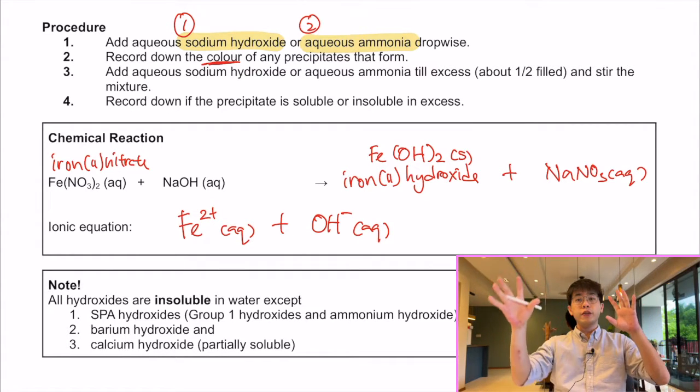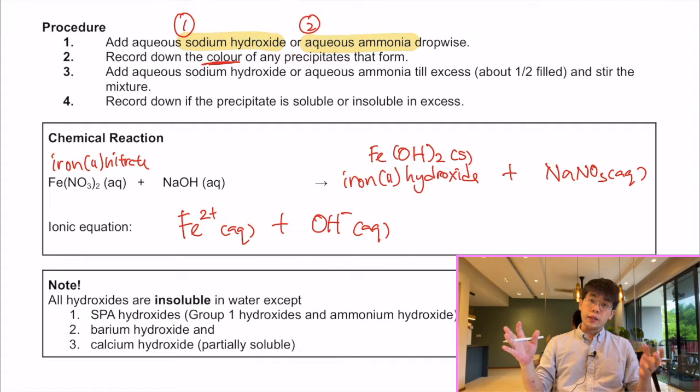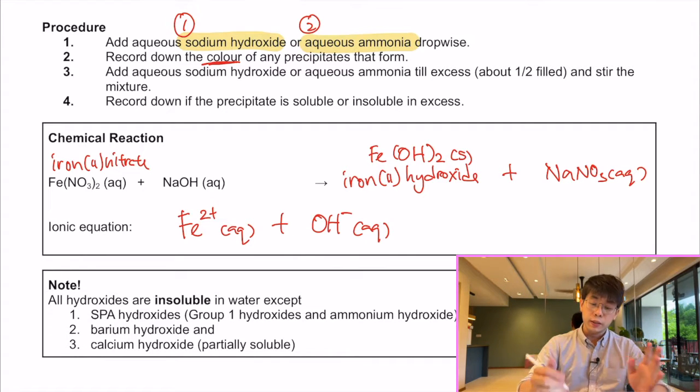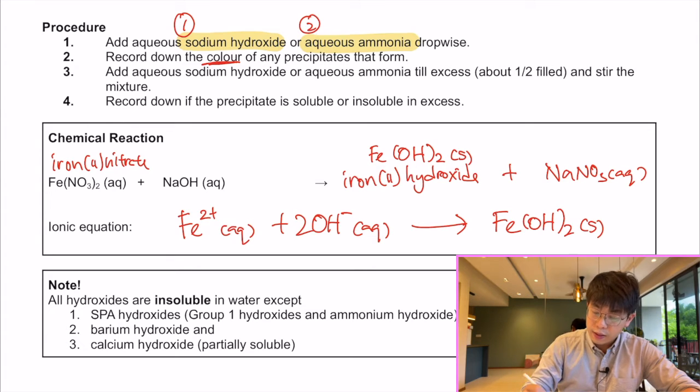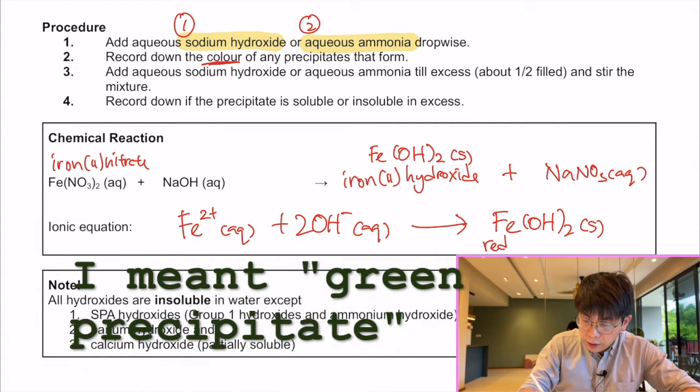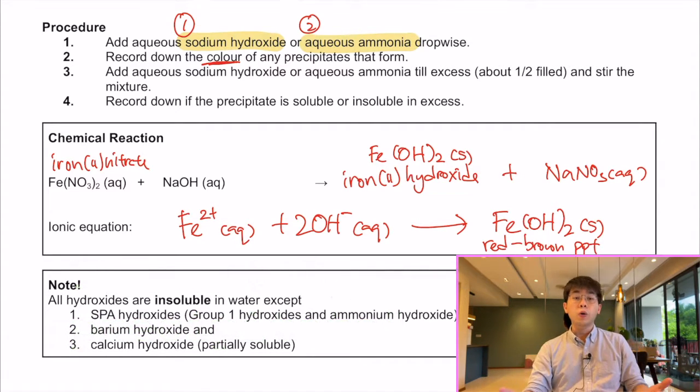When these Fe2 plus ions and OH minus ions meet each other, they form that precipitate, the iron 2 hydroxide precipitate. And this is how we observe the test for certain cations in our water.